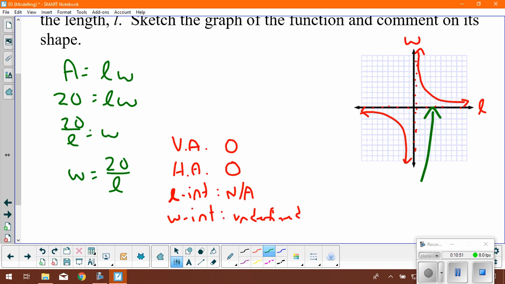Like you can have a rectangle with length of 2,000. It just means the width is 1/100th, right? It's an insanely thin but long rectangle.